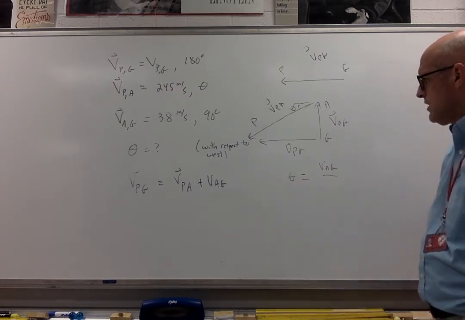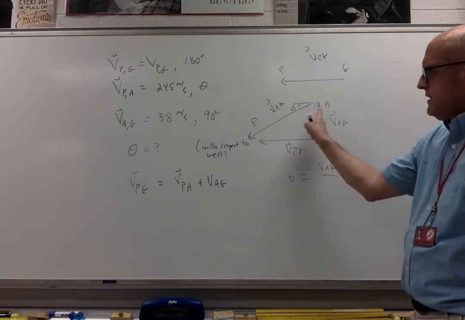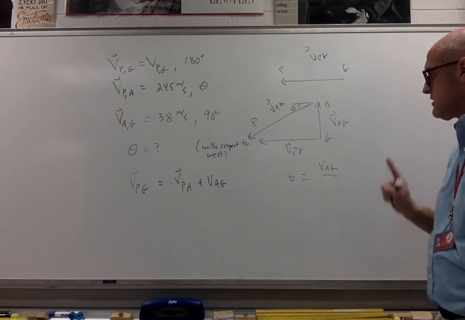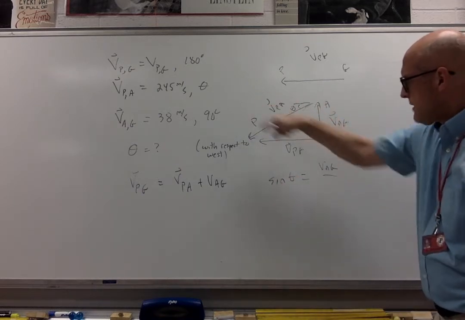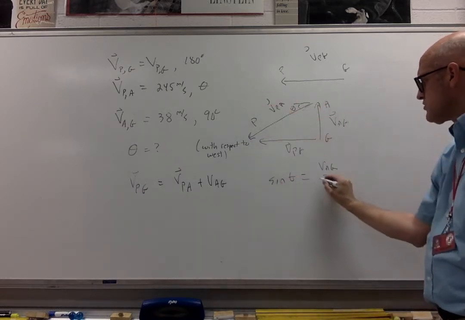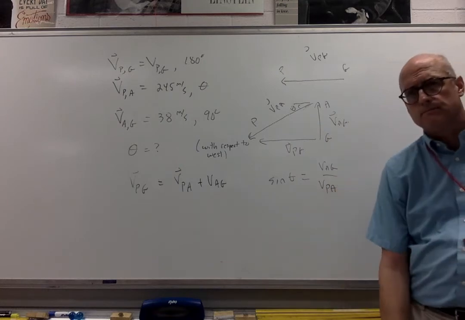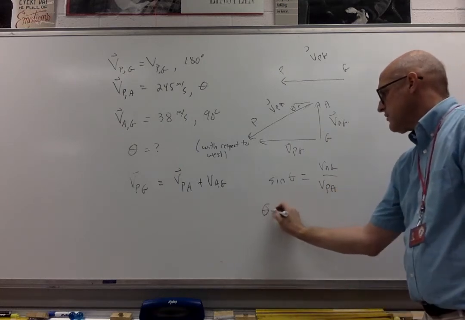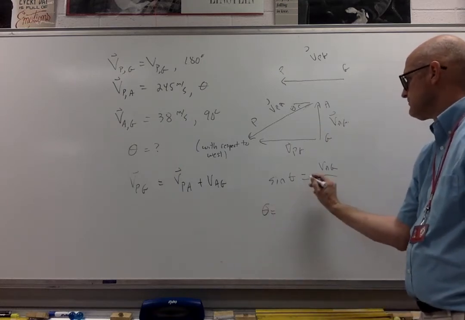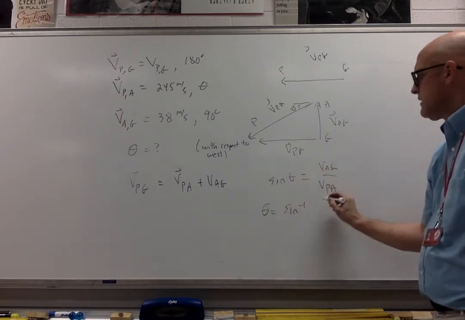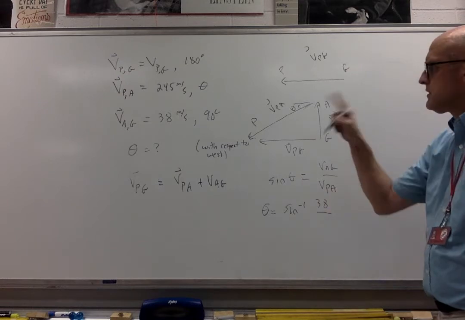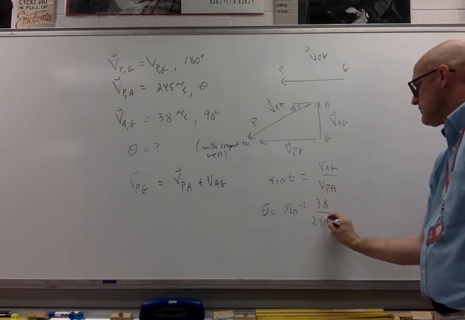We know VPA, so why don't we use sine? So if we take the sine of the angle, we have the side opposite, which is VAG, over the hypotenuse, which is VPA. So the angle is equal to the arc sine of 38 divided by 245.